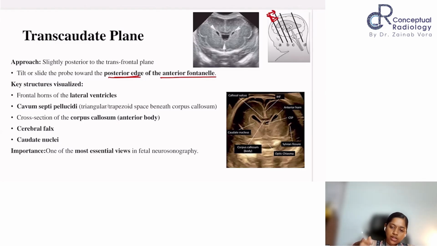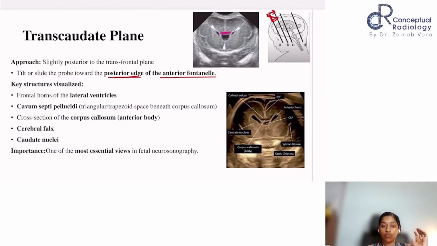Now, when you're going to transcaudate plane, you need to see these structures. The first is the frontal horns of lateral ventricle. Now they'll start coming. You will have a trapezoid appearing cavum septum pellucidum. These frontal horns flank a hypoechoic structure which is lying below the interhemispheric fissure.